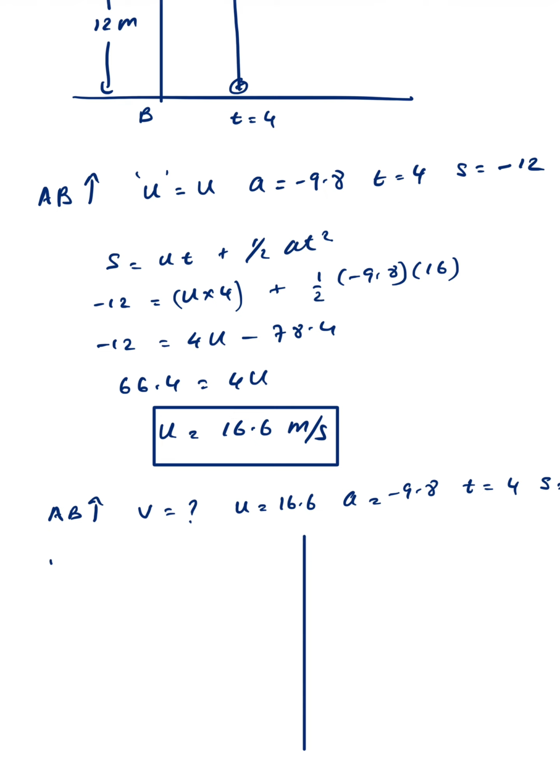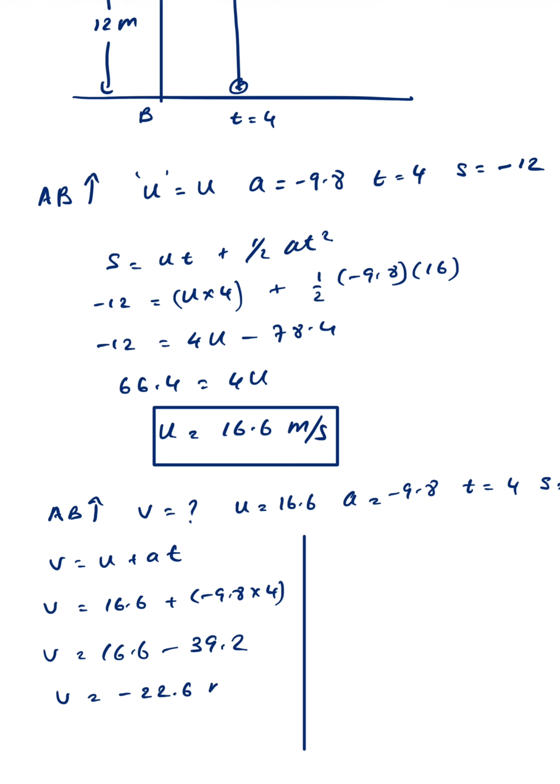I'll use both the methods. So let's say we use v equals u plus at. V is, we don't know, 16.6 plus minus 9.8 into 4. So 9.8 into 4, that's going to be 39.2, which is 16.6 minus 39.2, and that gives you minus 22.6.